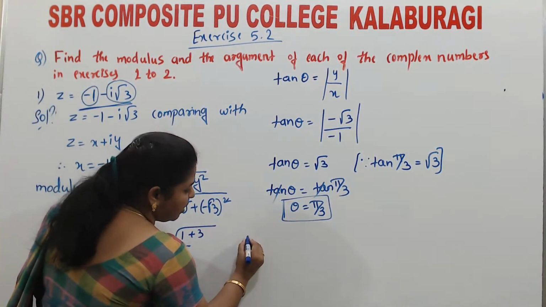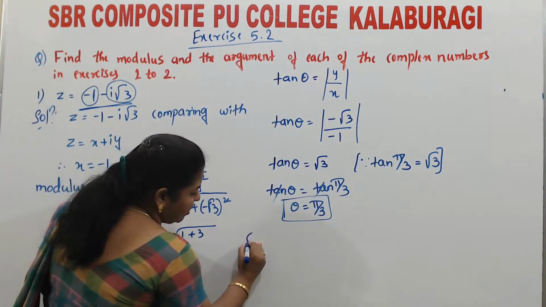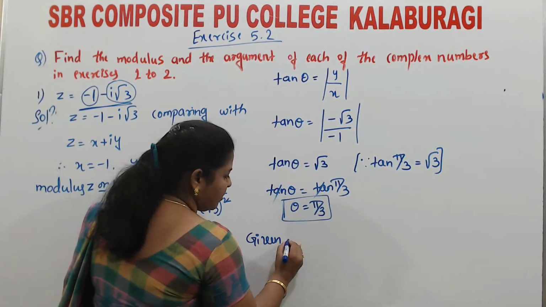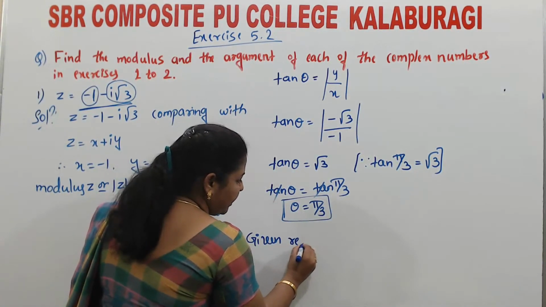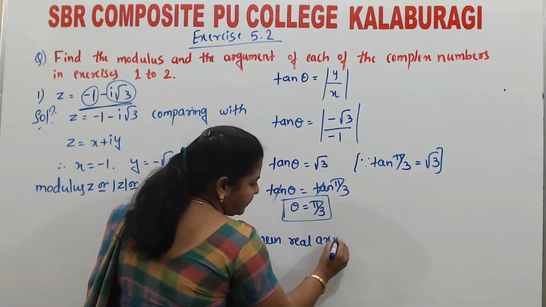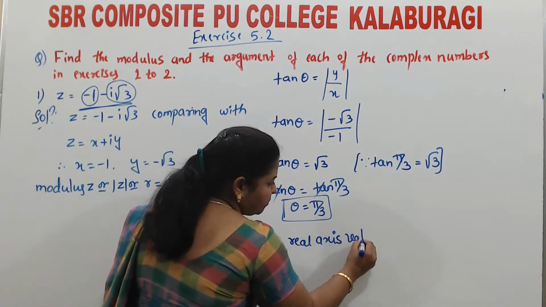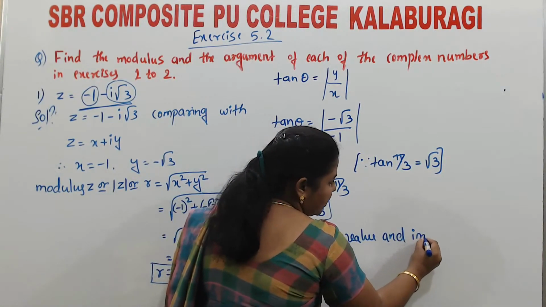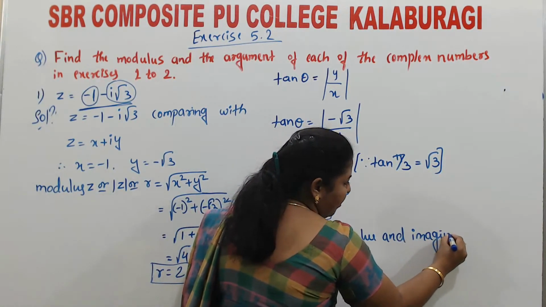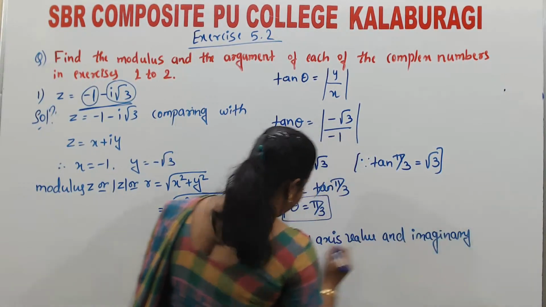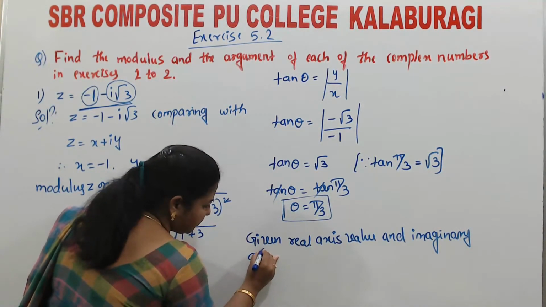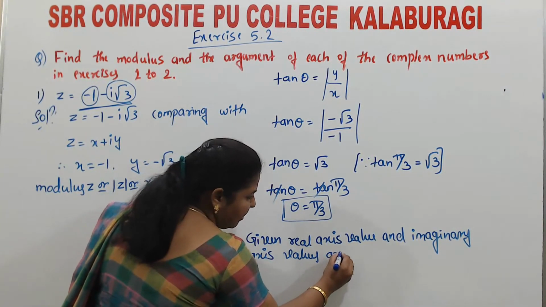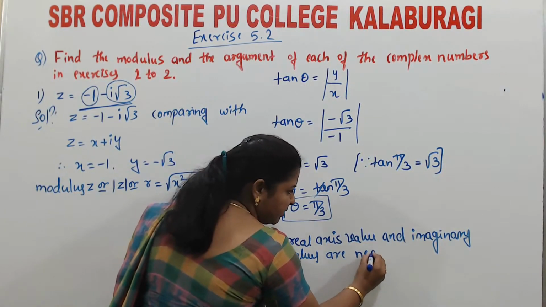Given real axis value and imaginary axis values are negative, right?